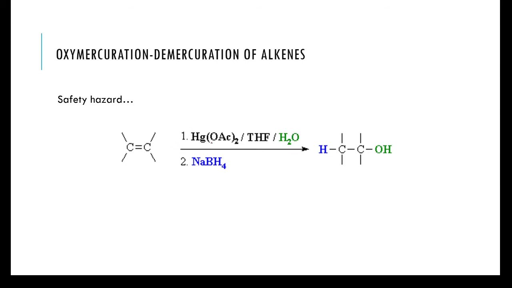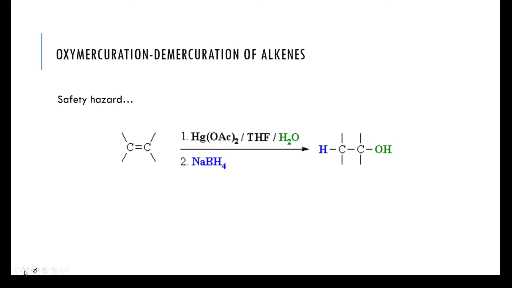OAc stands for acetate specifically here. So mercuric acetate with THF and water, and then treat it with sodium borohydride, could end up giving you an alcohol. It is a way of getting an alcohol, but it is highly toxic and really not preferred.